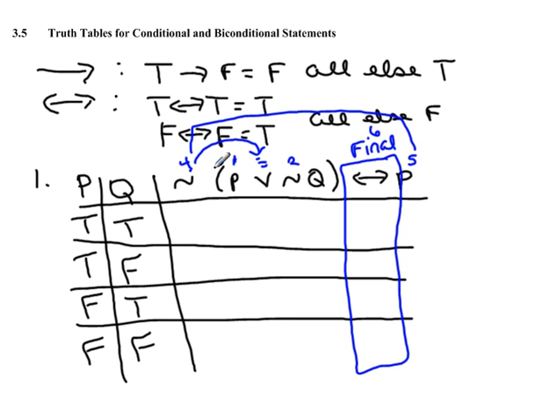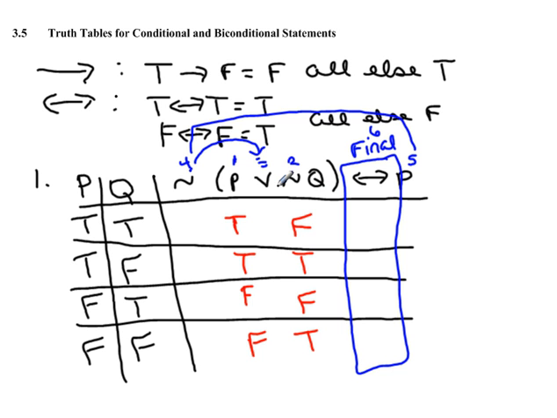Alright, so the first thing we'll do is start adding values for column 1, which is P. So look here to P, and I'll write true, true, false, false. Okay. Column 2 says not Q. So look at Q and give me the opposite. So that would be false, true, false, true.